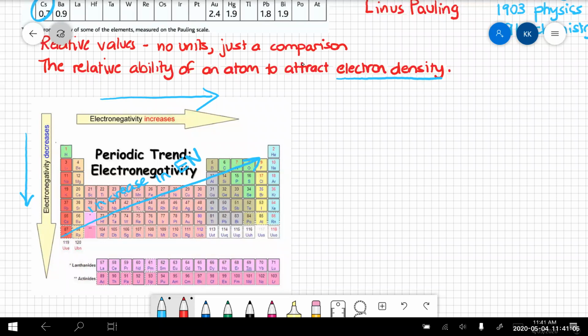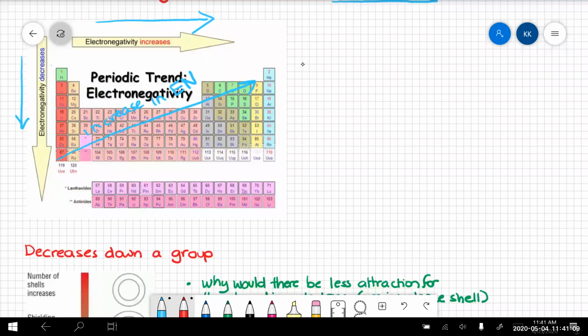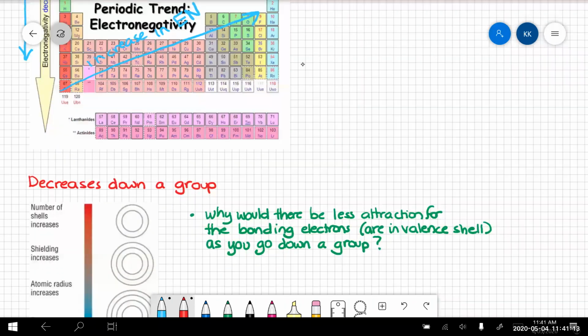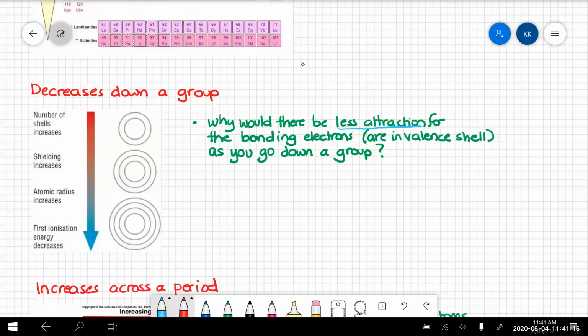So let's have a look at why, first of all, electronegativity decreases as you go down a group. Let's think about why there would be less attraction for the bonding electrons. Remember, they're in the valence shell. Here's our nucleus of the atom in the middle, and we've got a bonding electron there.